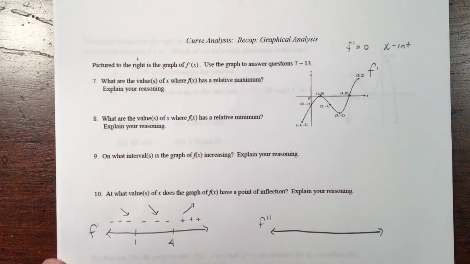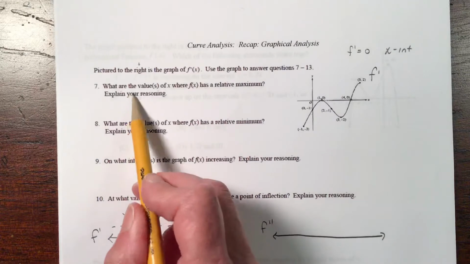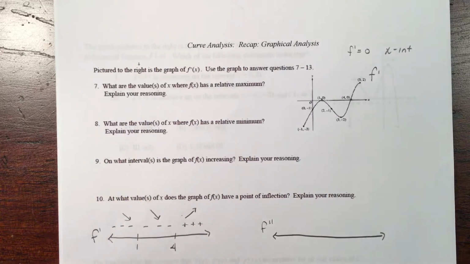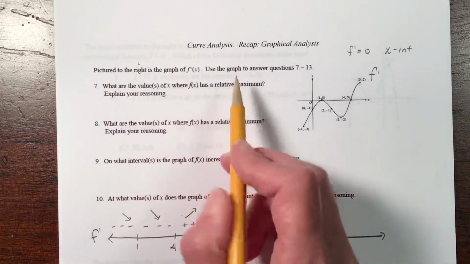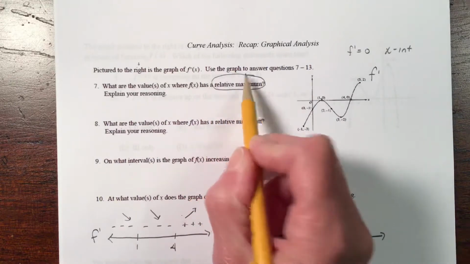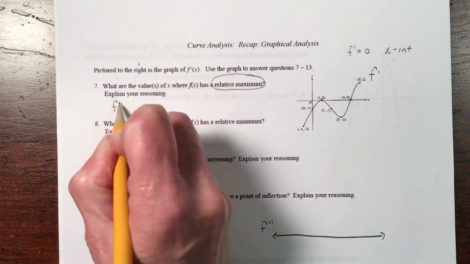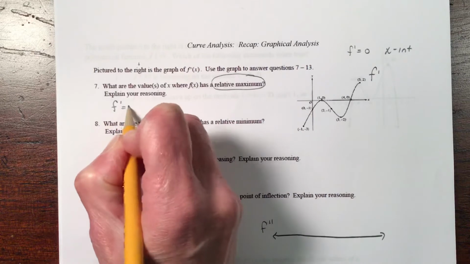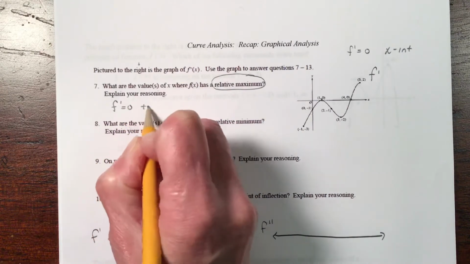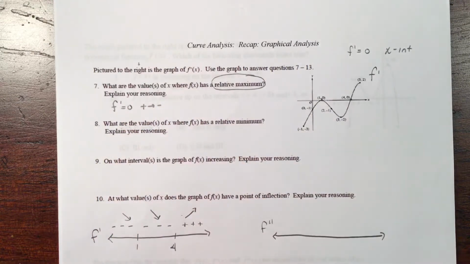So let's go back and see if we can answer questions 7, 8, and 9. What are the values where f of x has a relative maximum? Well, the maximum is going to occur when f prime is 0 and on the number line, I go from positive to negative.